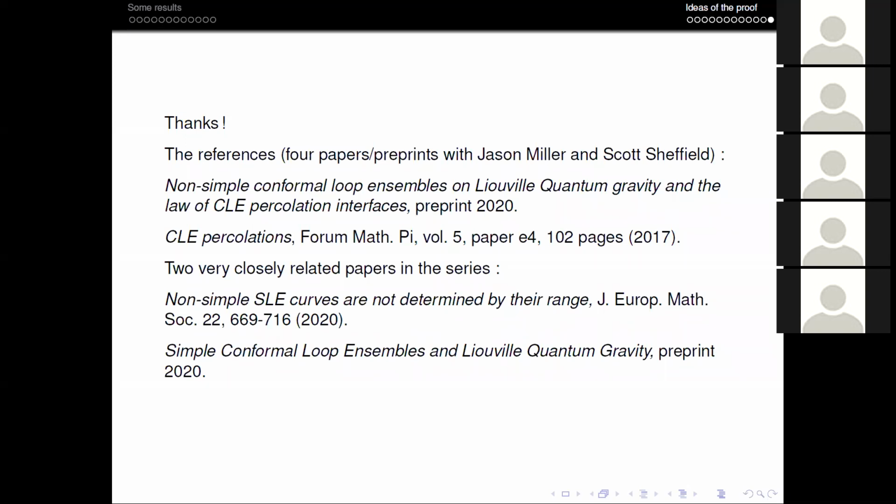So one thing we did, just a final thing, is that in that paper we construct the natural quantum measure that lives on the carpet and on the gasket when you equip it with the independent LQG object.